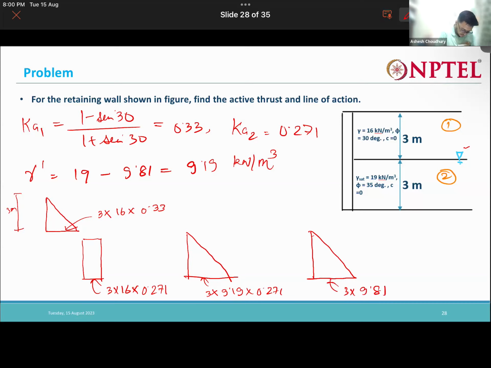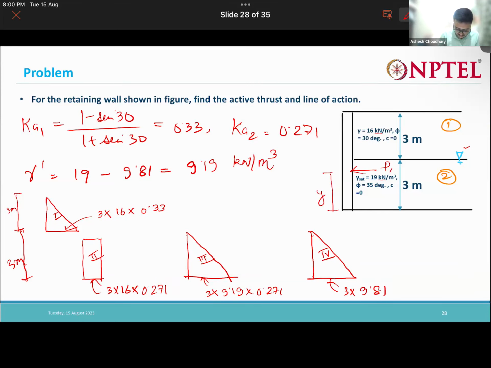So let us mark this 1, 2, 3, 4. Again we need to determine where the PA is actually acting, at some distance y.